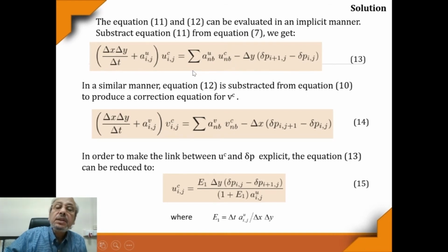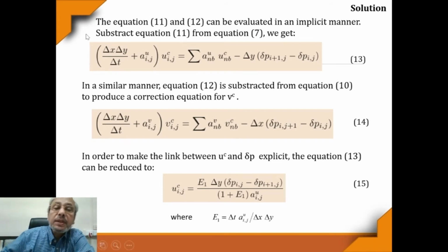What we are doing is saying that the correction terms at the neighboring cells, for the v velocity also, may be ignored. If we ignore them, mathematically we will not get the exact expression. The expression will be different, but if we keep on doing iteration, we will be able to compensate for that.